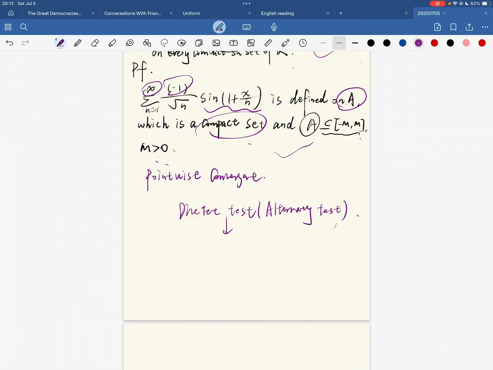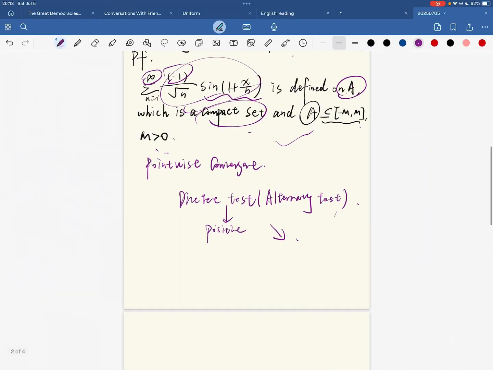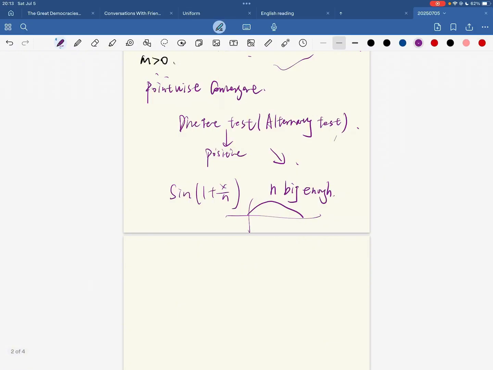It needs this term to be positive, and also decreasing. So how do we guarantee that? Actually it's not always positive, but we know that if n is big enough, we could say this is always positive.